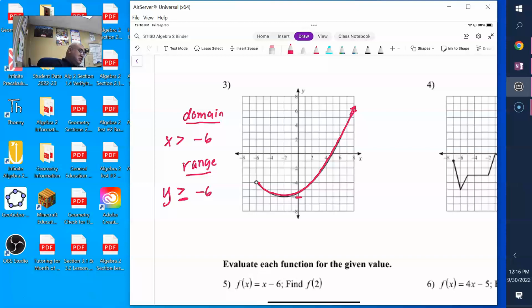Interval notation, it would have been -6 comma infinity, and for the domain, no, it's going to be parentheses. Range is going to be bracket -6 to infinity. All right.